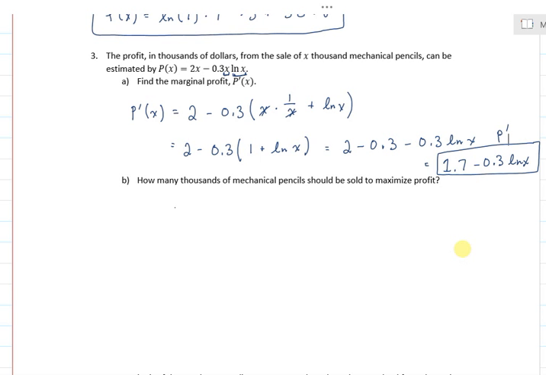Okay, how many thousands of pencils should be sold to maximize profit? Remember, when we maximize, the first step is to get critical values. Of course, we're looking for an absolute maximum here. So we want to set p prime equal to 0. That's 1.7 minus 0.3 natural log of x is equal to 0.